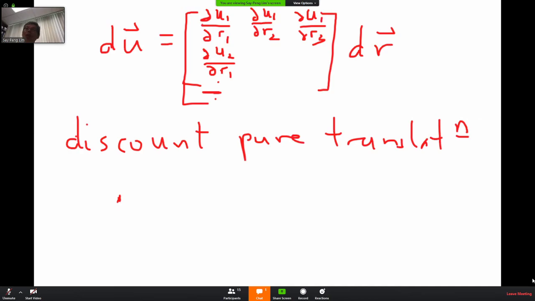And you also have to discount pure rotation, because once again, if you purely rigidly rotate the body, the whole body, every point is rotated, then there's no distortion either. So you don't need stress to bring about any of these strains, right?